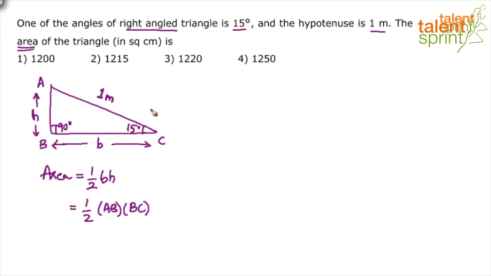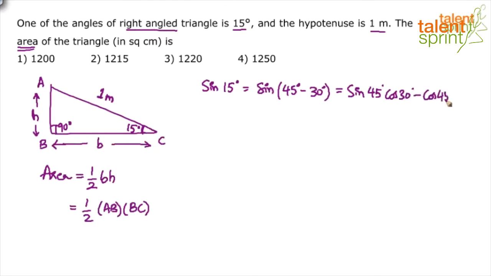Understand. Look at this angle, 15 degrees. Sine 15 degrees can be taken as sine of 45 minus 30. Now, what is the expansion of sine of A minus B? Sine A cos B minus cos A sine B. So this will become sine 45 cos 30 minus cos 45 sine 30.